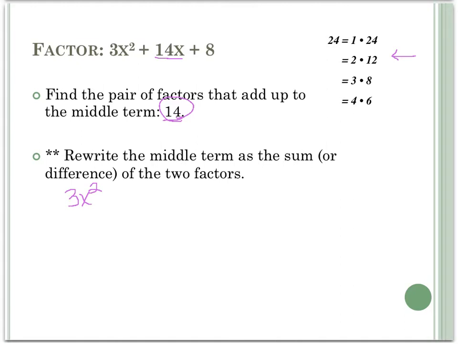So 14x will now be rewritten as adding 2x and adding 12x, plus 8. Note that 2x plus 12x equals 14x, so right now I have not changed the problem.